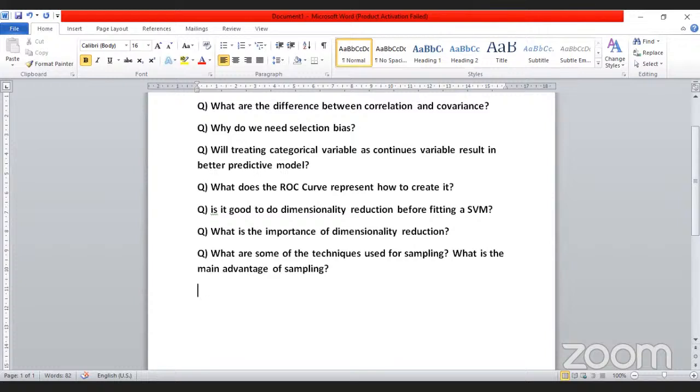In non-probability sampling, first is quota sampling, next is convenience sampling, and last is snowball sampling. These are the sampling techniques, probability and non-probability, and these are the subtypes. Is it clear now?